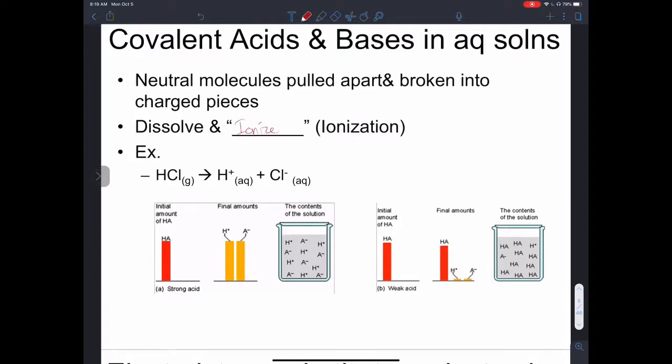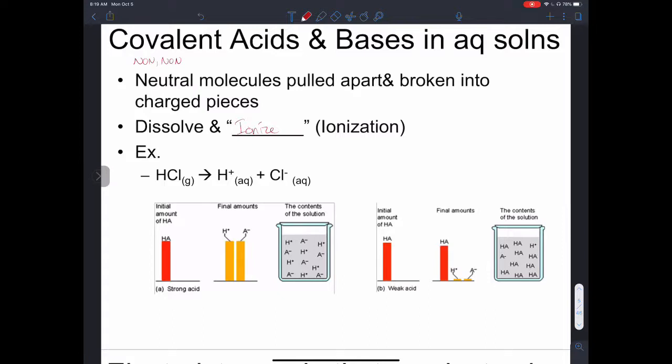We use the word ionize because they go from being atoms with no charge, non-metal groupings bonded to each other, to being separate ions. So they actually become ions through the process of being dissolved in the water. So they really get ionized.